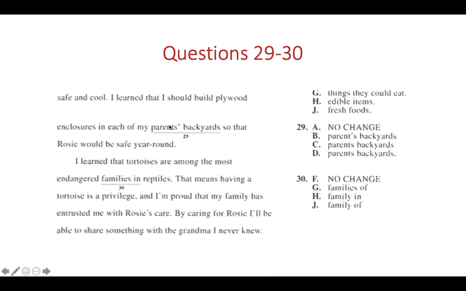Okay, they're probably divorced. So we've got 2 backyards that belong to each of the parents. So this has to be plural. So this one's wrong because it turns singular. And these 2 are wrong because they're not possessive. It doesn't say that the backyards belong to the parents, which they do. So the correct answer is A, no change.